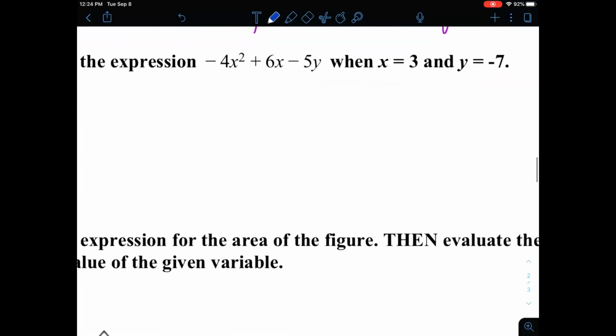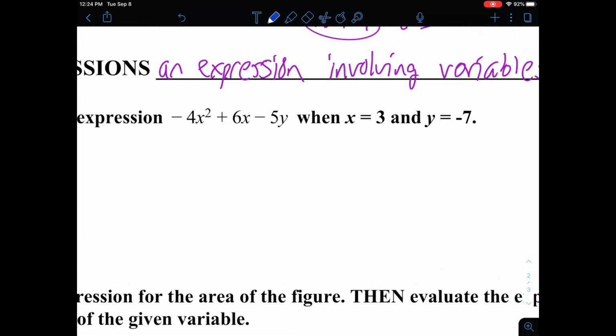So what we can do is wherever we see an x, we're going to plug in 3, and wherever we see a y, we're going to plug in negative 7, right? It's just substitution. So we got negative 4 times 3 squared plus 6 times 3 minus 5 times negative 7. All right, go ahead and pause the video and give this a try. Try simplifying this on your own.